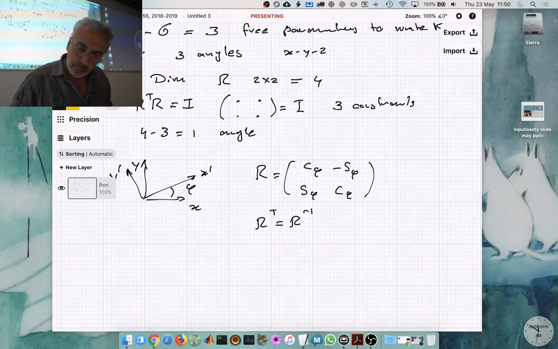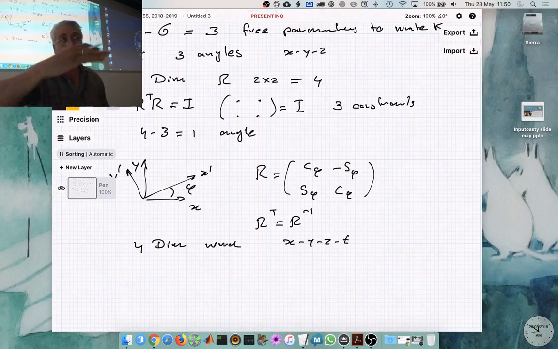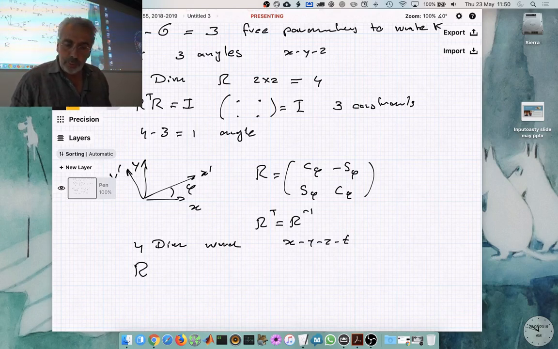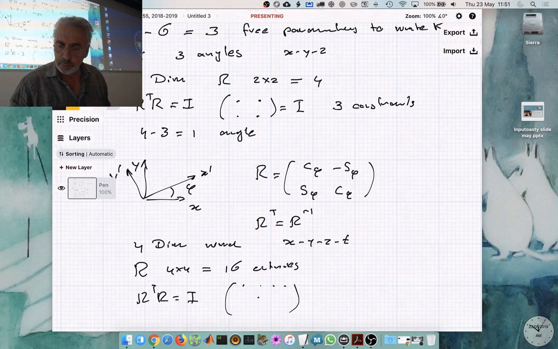Let's go to the 4-dimensional world. And then we have the axes x, y, z, and t, for instance. Our parallel universe. The rotation matrix in a 4-dimensional world is 4 by 4, and that is 16 entries, right? Then R transpose times R is identity: 1, 2, 3, 4, 5, 6, 7, 8, 9, 10 constraints.